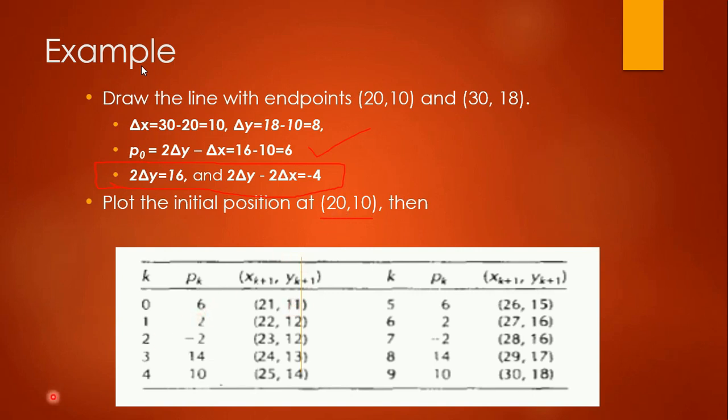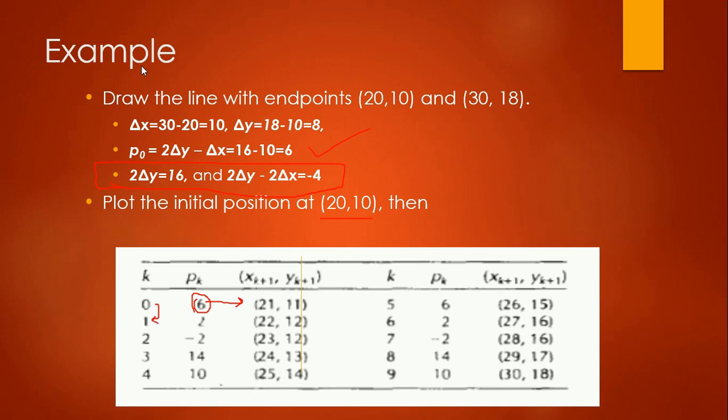Now, after this step, based on the decision parameter, you have to check the decision parameter again. Again it is positive. Now increment k, so k is equal to 1.